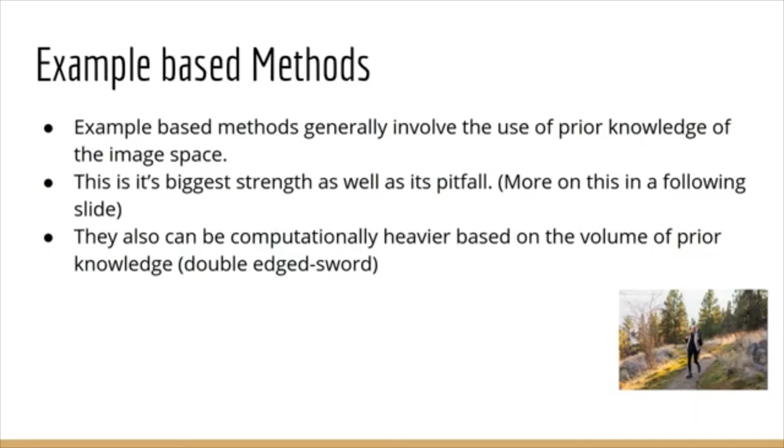And yeah, the computational expensiveness of the algorithm during the actual inference is what is actually stopping example based methods, but it was being used until deep learning methods were brought up. It's a double-edged sword. Okay, the volume of prior knowledge.